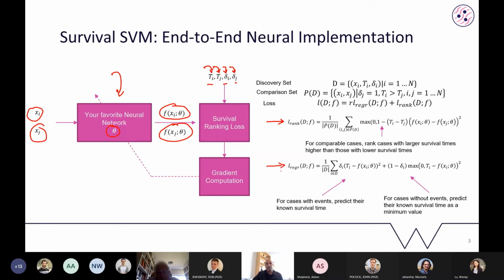And then you have a regression loss function in which you're trying to predict the target variable in the training data set for cases that have not been censored, and for cases that have been censored, you're trying to predict the lower bound on their survival times. So it's essentially the same model. As long as your loss function is differentiable, you can plug and play. And that's how all of these neural survival SVM models are built.